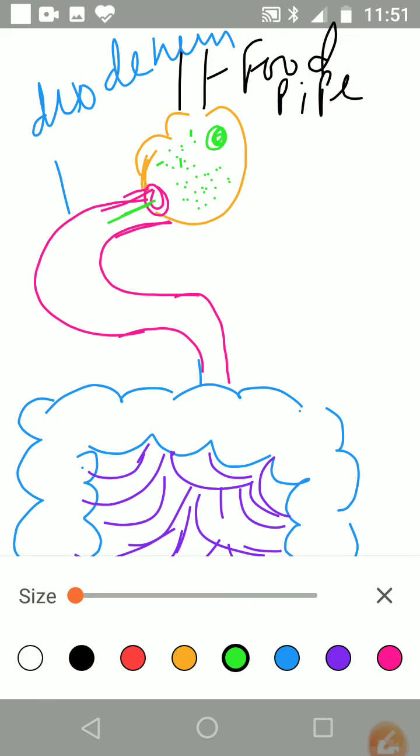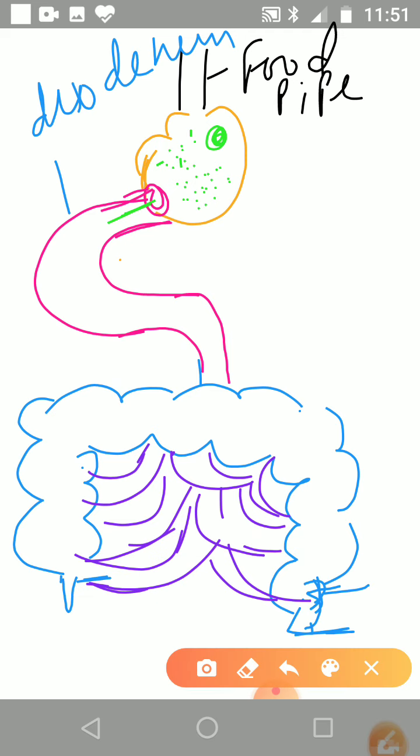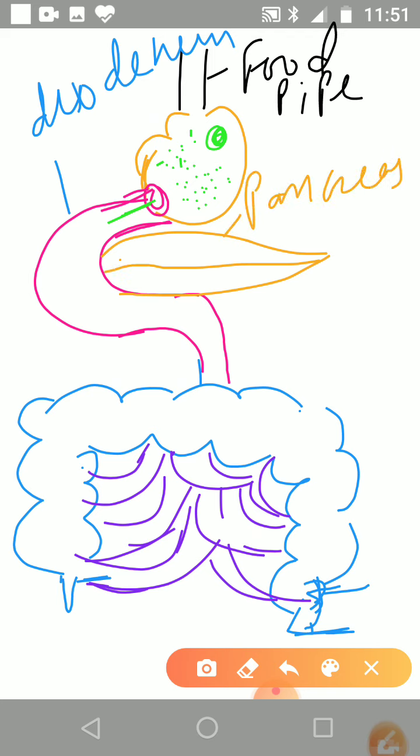So here again, I told you that in the loop of the duodenum, below the stomach, there is a leaf-like structure called the pancreas, which is a gland. This pancreas releases its secretion into the duodenum.